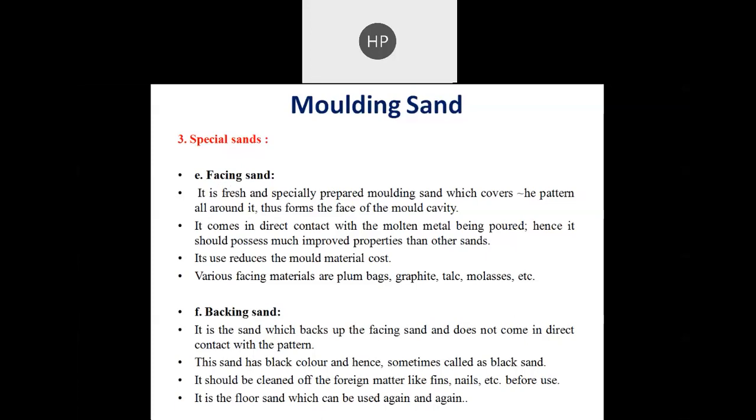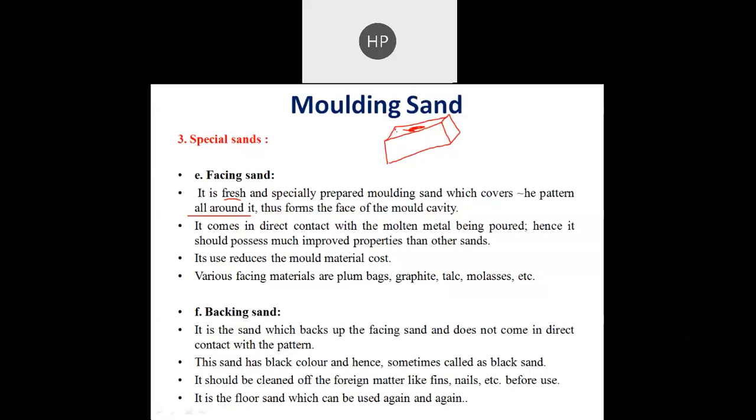Then next one is the facing sand. It is fresh and specially prepared molding sand which covers the pattern all around it. Suppose this is the molding box, and in that molding box we are going to fix a pattern over here.